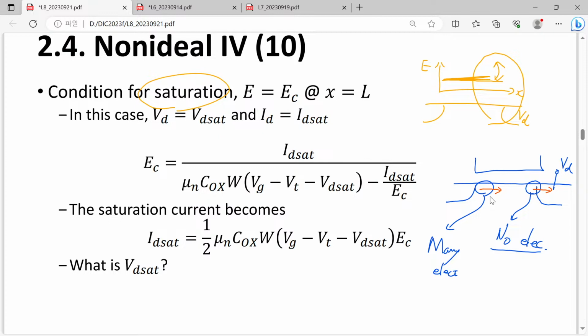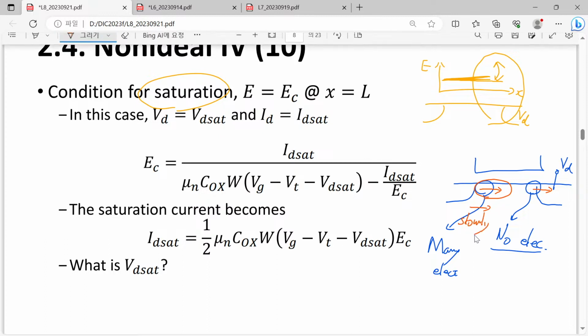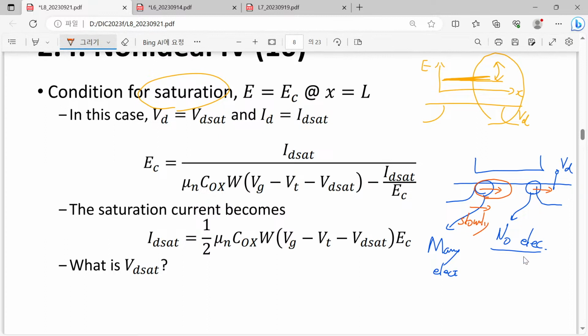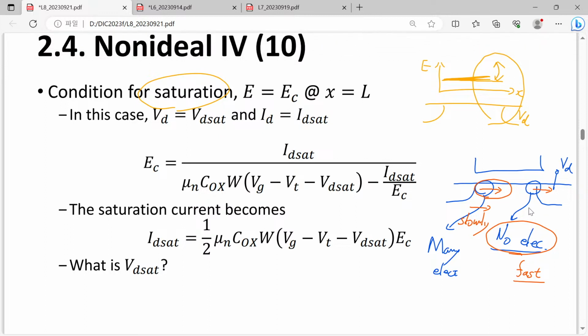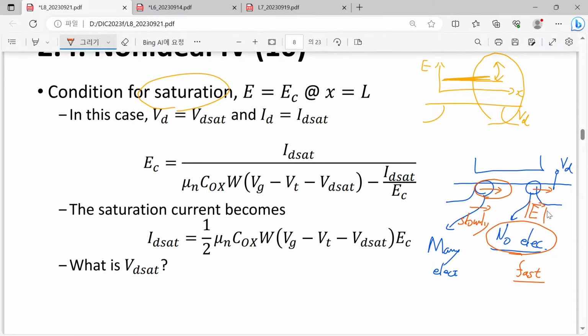Then how can we maintain the continuity of channel current? In this case, yes, these many electrons are moving slowly, and in this case this small number of electrons are moving quite fast. Then how can we make them move so fast? The only way we can move them is just the electric field, high electric field.